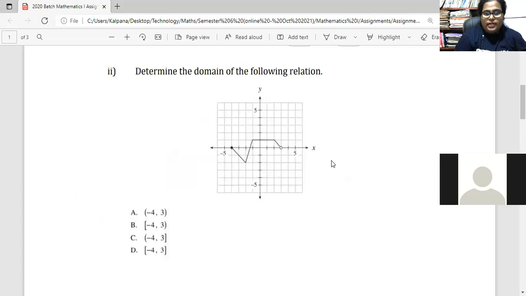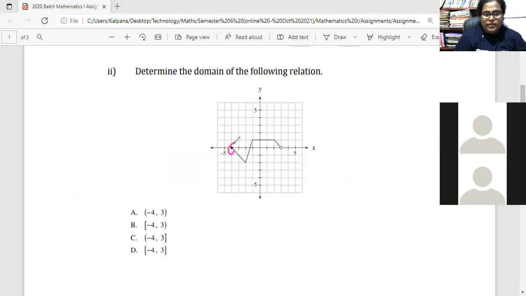So you know that here, this one, let me show you, you can see it is -4, right? And this end is +3, and here you have to be concerned about the brackets of these two ends. So here the -4 value dot is colored, that means the -4 value should be included in this set.